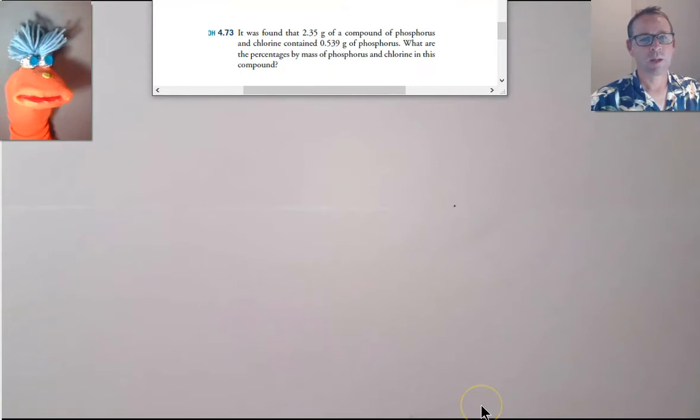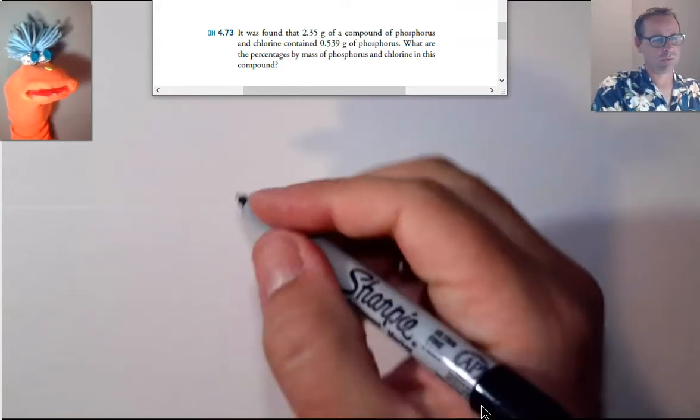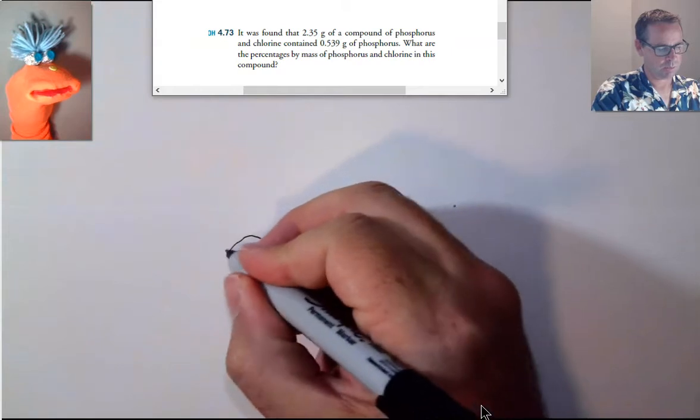Good. All right, so we've got a compound here that contains 2.35 grams of phosphorus and chlorine, which contained 0.539 grams of phosphorus. So the difference is going to be the grams of mass of chlorine, right? What do you mean? 2.35 was the total mass, right? So here's my pile of material.